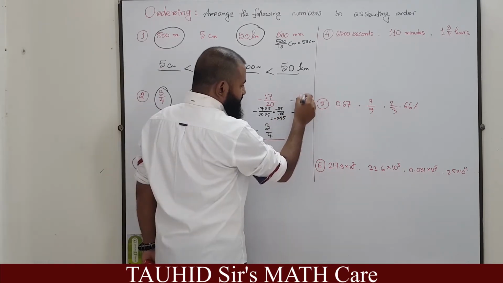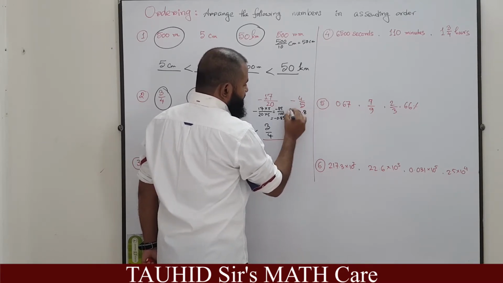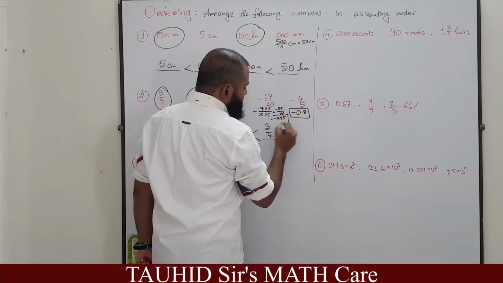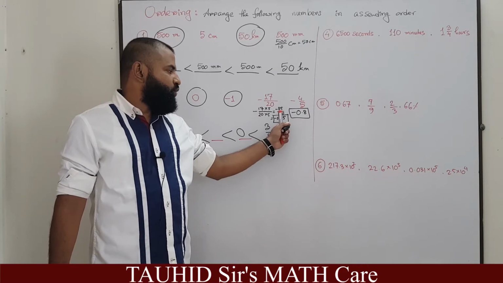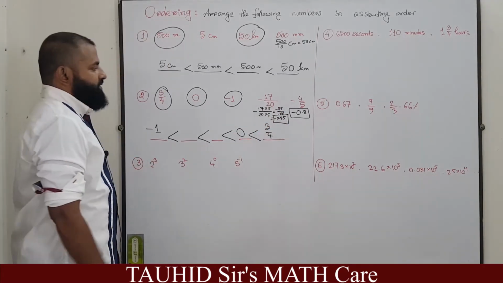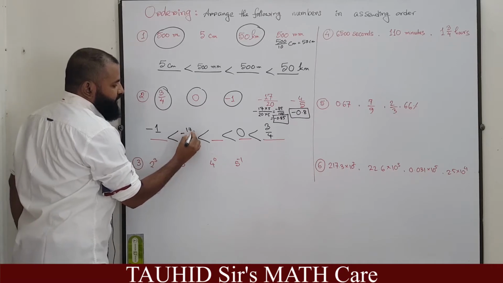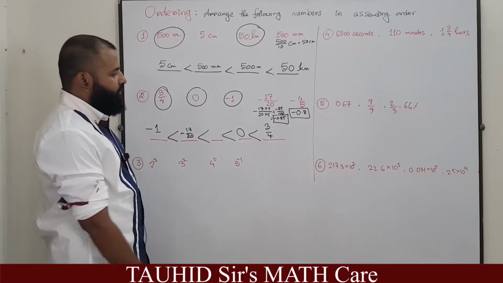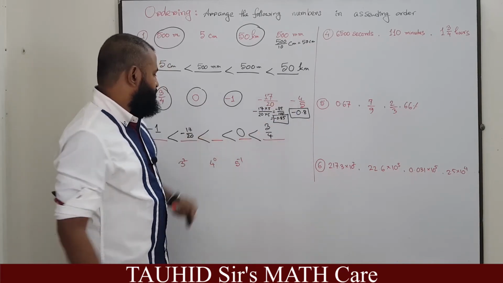And we know that 4 by 5 means 0.8, so minus 4 by 5 means -0.8. So -0.8 and -0.85, which one is smaller? This one is smaller. Hence, we will write it here, -17 by 20. And -0.8 will be placed here, -4 by 5.